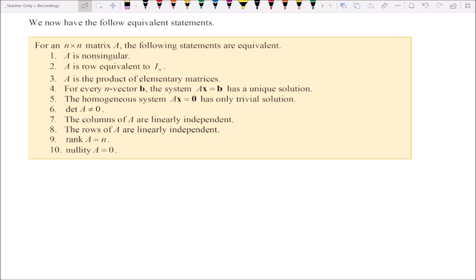The determinant of A is non-zero. The columns of A are linearly independent. The rows of A are linearly independent. The rank of A is equal to n. And the nullity of A is equal to 0. Right? So if any one of these 10 statements is true, then we know that the other 9 must also be true.